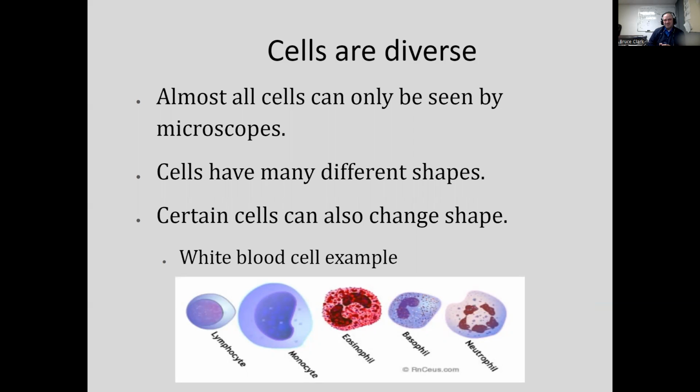If you think about it, we have brain cells, bone cells, skin cells, blood cells, muscle cells. All of those are extremely different and look nothing like each other for the most part. But they all have the same basic parts inside, even if it's different quantities of certain parts. We have many different shapes, and some cells also change their shape. White blood cells are kind of fluid in some of their different examples there.